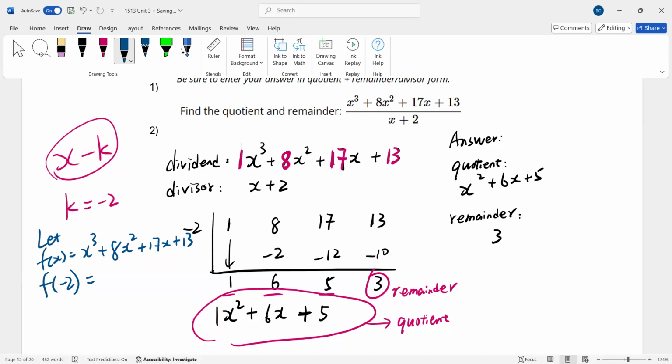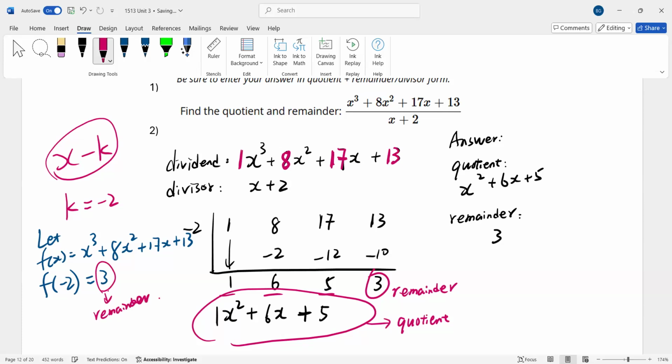If you're plugging in -2 into the polynomial function, what do you have? Evaluating a polynomial function is also a core content requirement of this course, so this is an opportunity to practice that topic. I got 3. Awesome, exactly. Remainder 3, right? You got a remainder. You must have the result equal to the remainder.